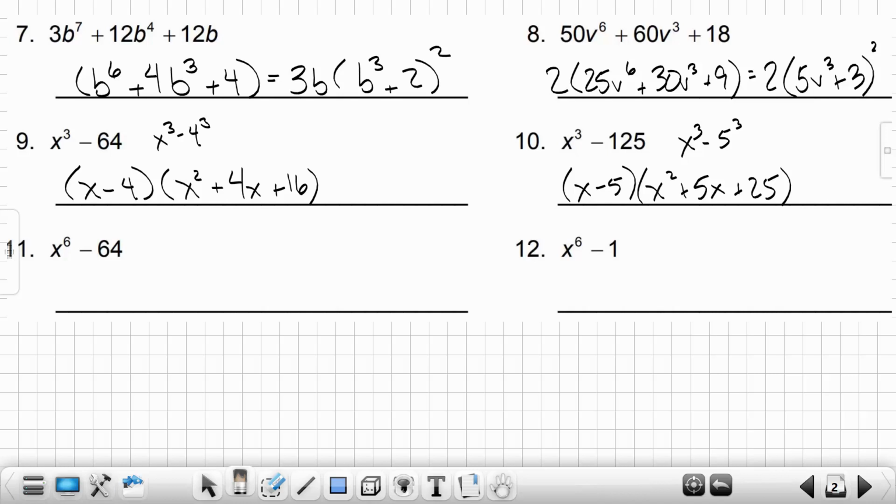But it's also a square, because if I take x cubed and square it, I get x cubed times x cubed, which also makes x to the 6th. Now, there's a problem here, Yvonne. 64. Is that a square or a cube? Square. What squared makes 64?